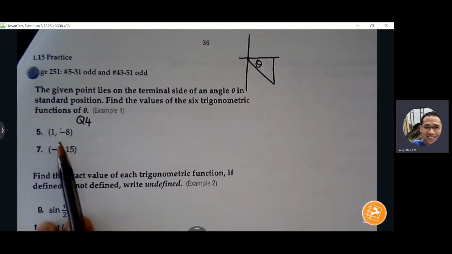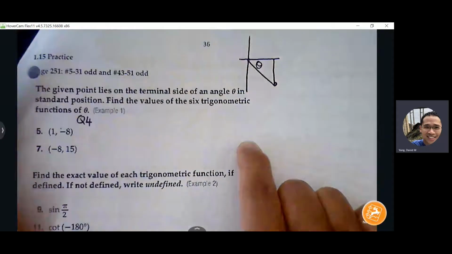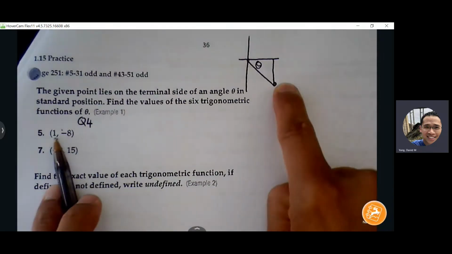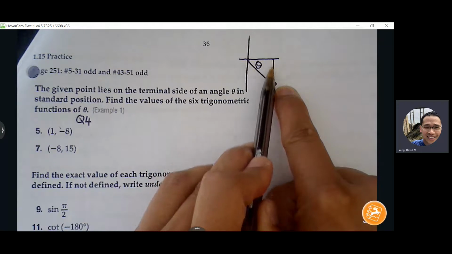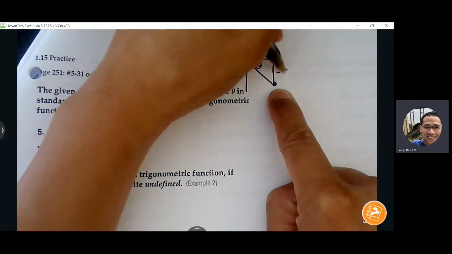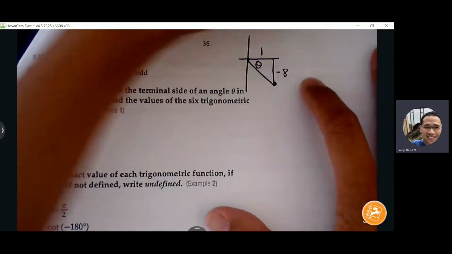Next, we know (1, -8) is a point in the fourth quadrant, and we've created a triangle that connects to that point. So how do we get there? Starting at 0, we go 1 unit to the right and 8 units down. So we'll say (1, -8). It's okay for your x and y values to be positive or negative, but your hypotenuse will always be positive.